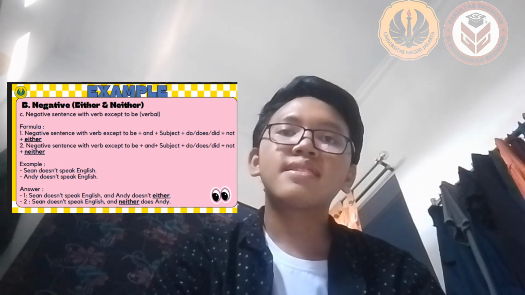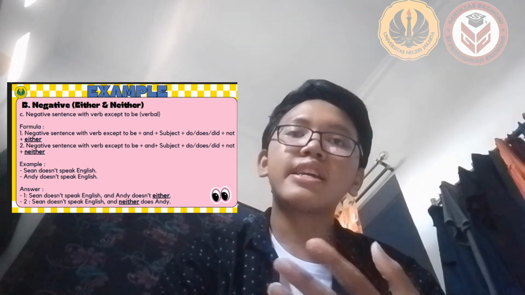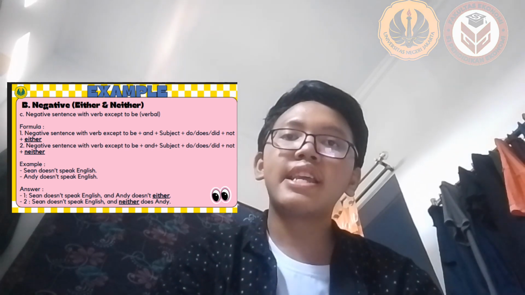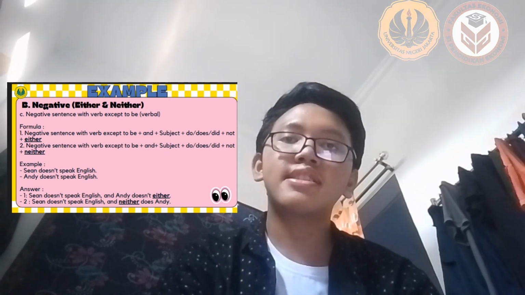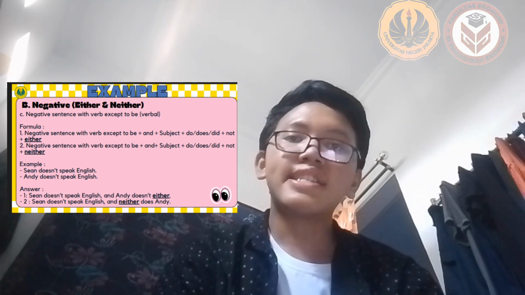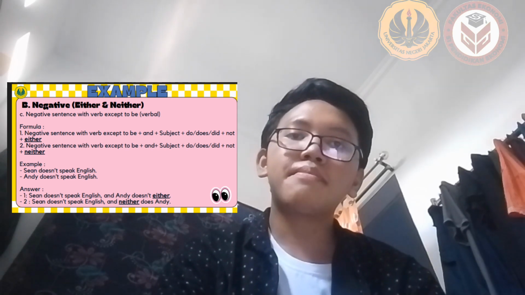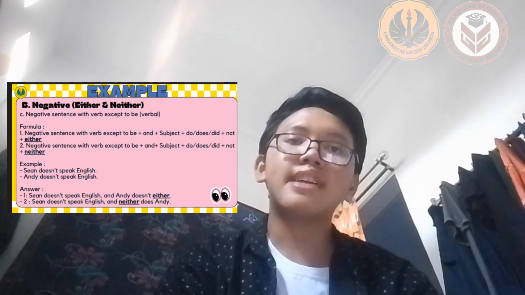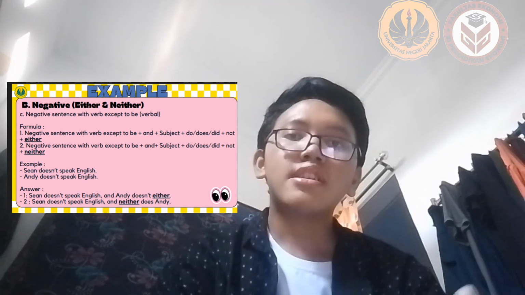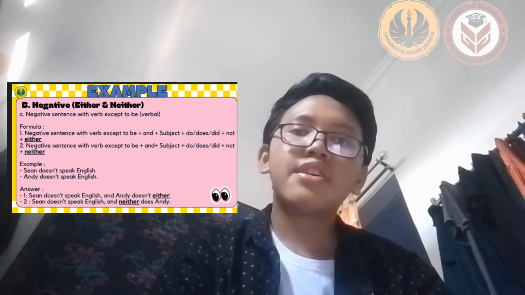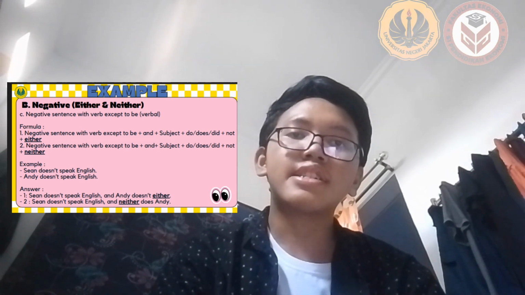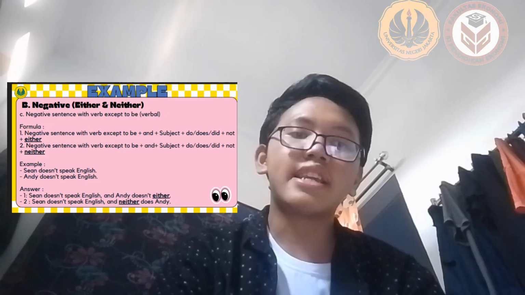Example: Sean doesn't speak English. Andy doesn't speak English. The answer is: Sean doesn't speak English and Andy doesn't either. Second one is: Sean doesn't speak English and neither does Andy.